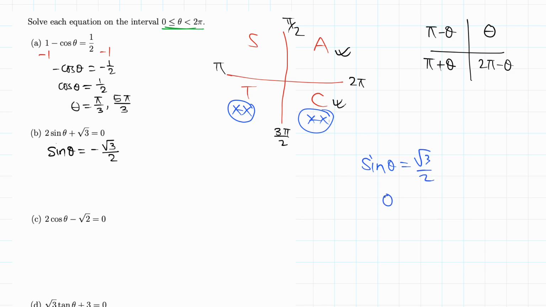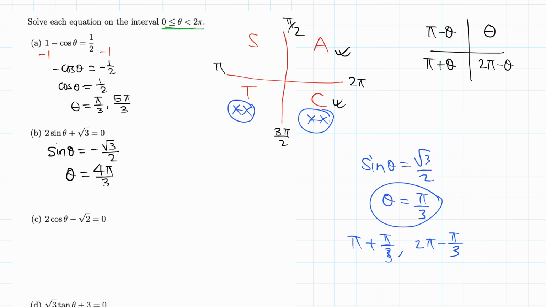That's 60 degrees, or pi over 3. But our answer should be here and here because sine is negative. To find the answer here, pi plus theta, so pi plus pi over 3. And here, 2 pi minus pi over 3. So 1 pi plus 1/3 pi, 3 times 1 is 3 plus 1, 4 pi over 3. So the answers are 4 pi over 3 and 3 times 2, 6 pi minus 1 pi, 5 pi over 3.